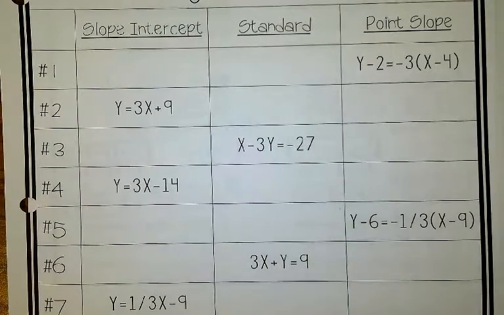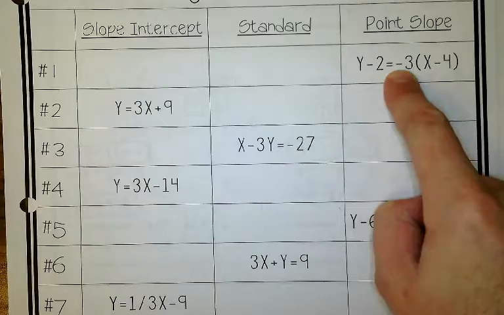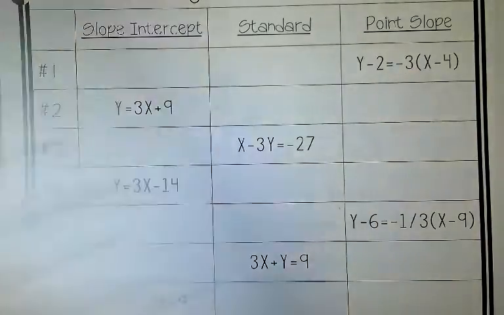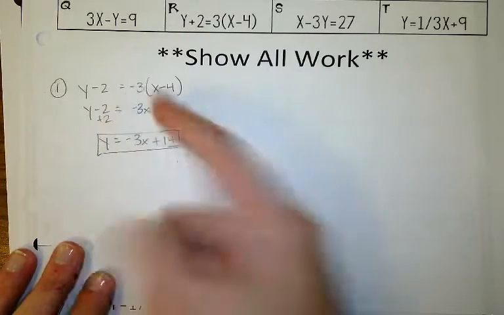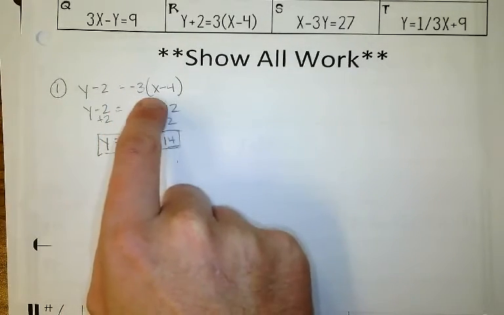Okay? So what I recommend doing is taking your paper and kind of ripping off the back side here. And you guys, for number 1, I worked this guy out. I said, okay, y minus 2 equals negative 3 parentheses x minus 4. I just copied it down from this number right here, okay?